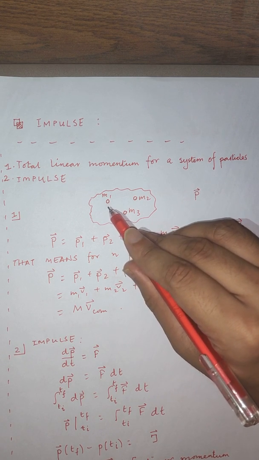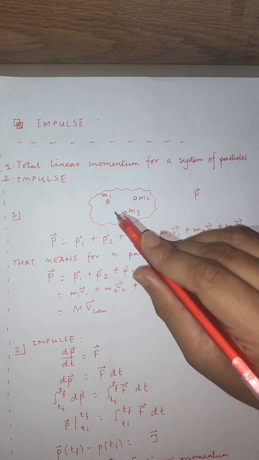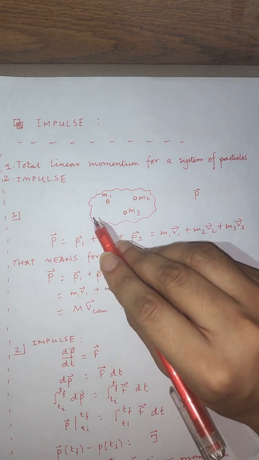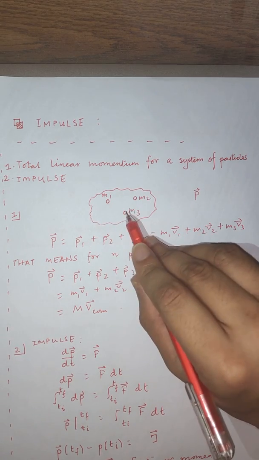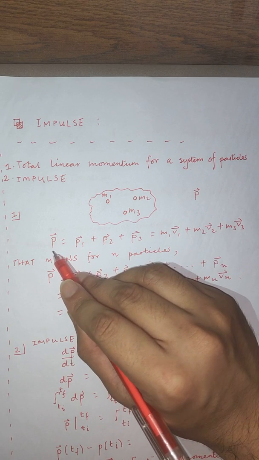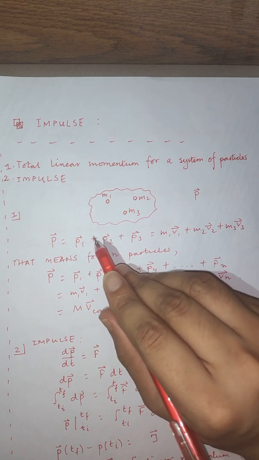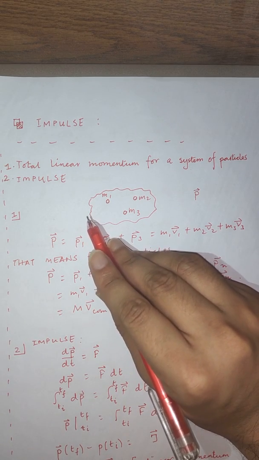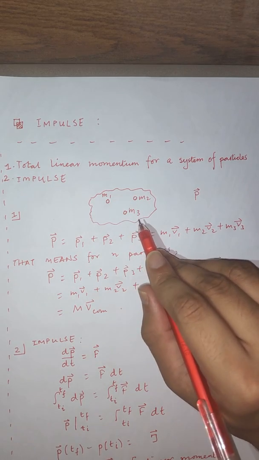But when we talk about the total linear momentum of a system of particles, then we would be using capital P. So capital P is being used to refer to the total linear momentum for a system of particles.